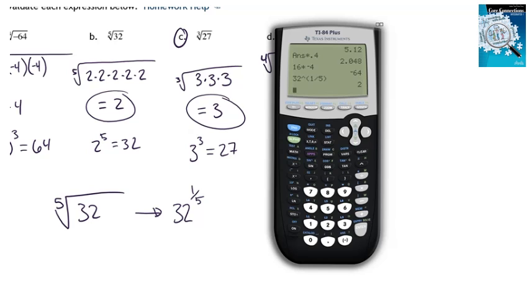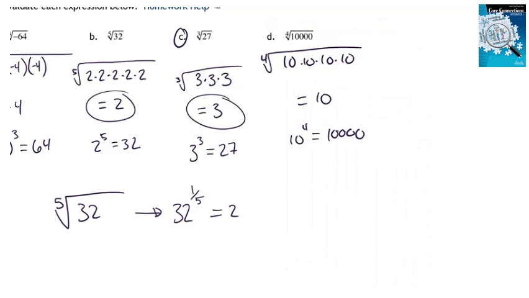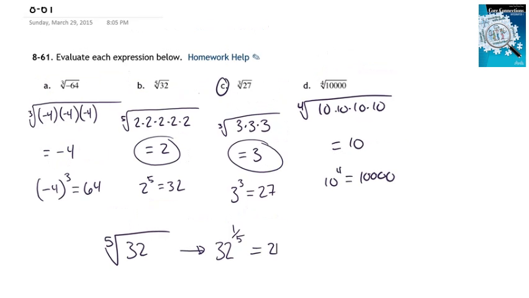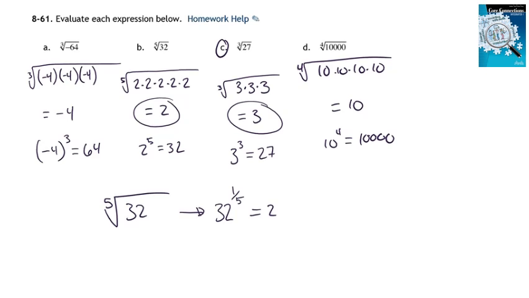The 5th root of 32 is the same thing as 32 raised to the 1/5 power, which is equal to 2. Just something to think about. I'm sure we're going to talk about that later, but probably best to try and be thinking about the definition and getting our minds wrapped around what's happening with these different roots.